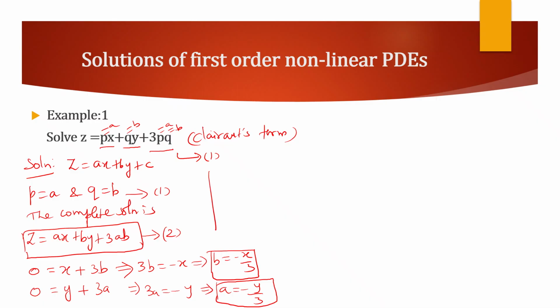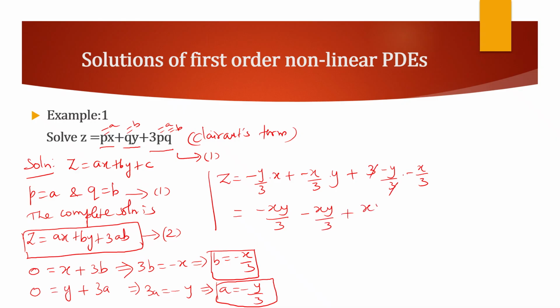Therefore, now substitution of these two in the complete solution gives z is equal to a is minus y by 3, so it is minus y by 3 into x, plus b is minus x by 3 into y, plus 3 into a is minus y by 3 and b is minus x by 3. So upon simplification we get minus xy by 3, again minus xy by 3, and here plus xy by 3.